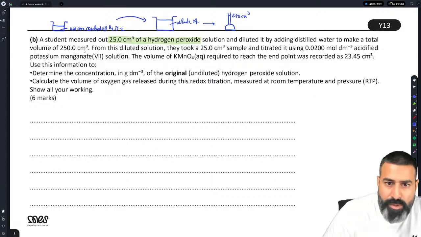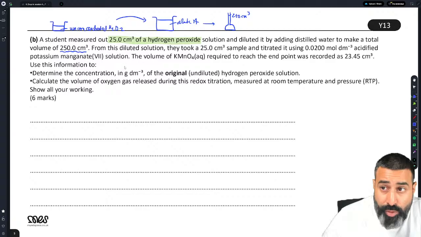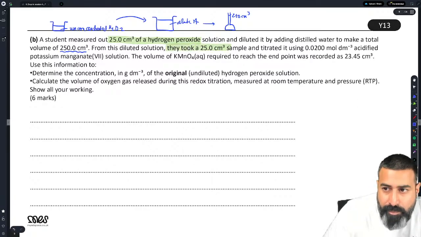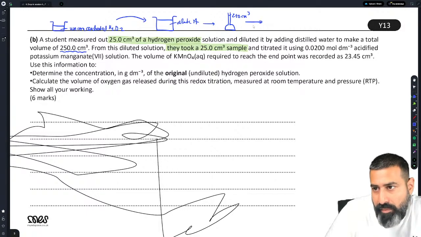Okay, so what do we do once we've made the volume up to 250 centimeters cubed? True. And what portion did they take out? They took out 1/10. And then they titrated it against KMnO4.